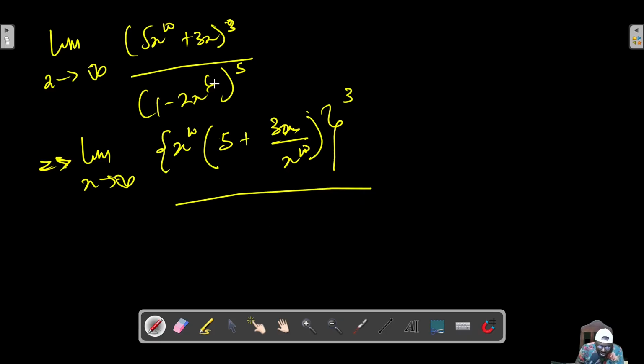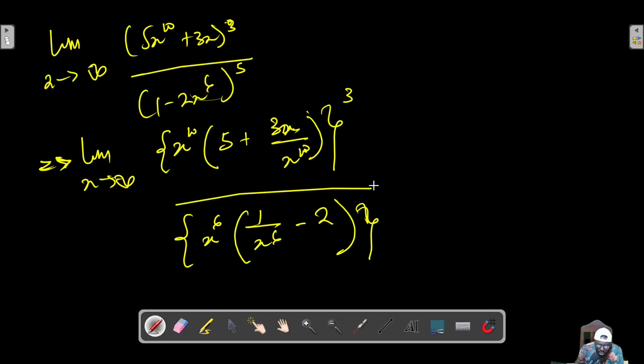For the denominator, I can also factorize out x to the power 6 here. I end up with 1 over x to the power 6 minus 2, all raised to the power 5.